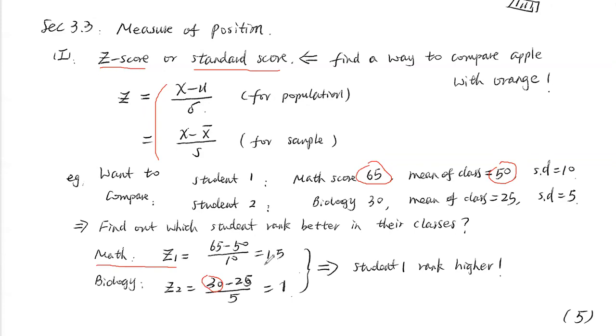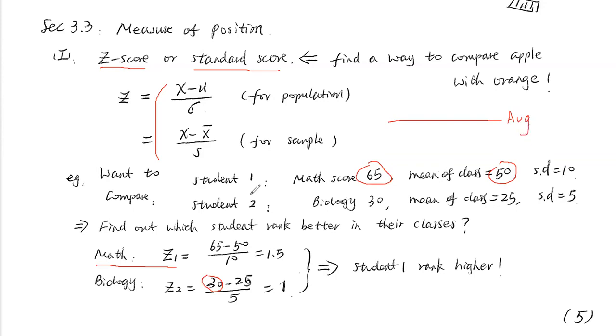We are trying to see which number is bigger, which student is better. How do we understand that? Say here is the average.